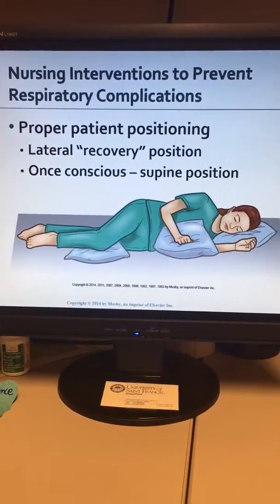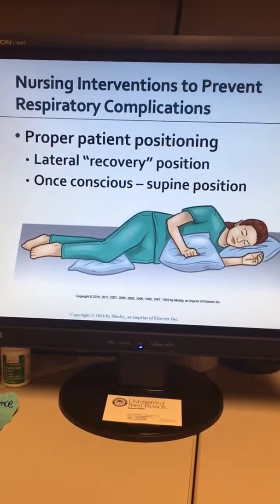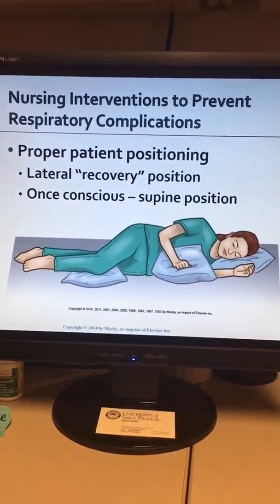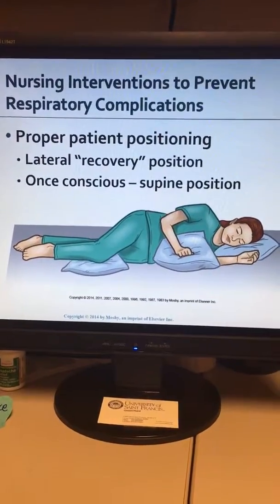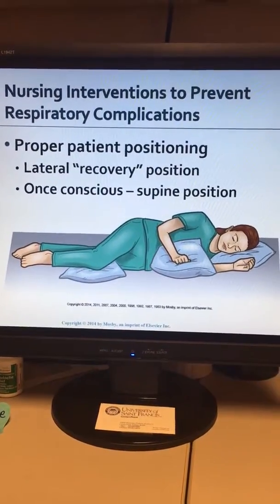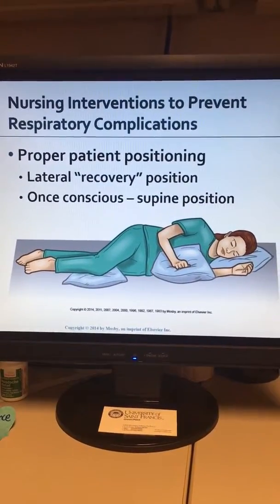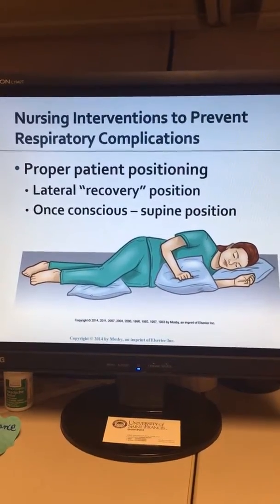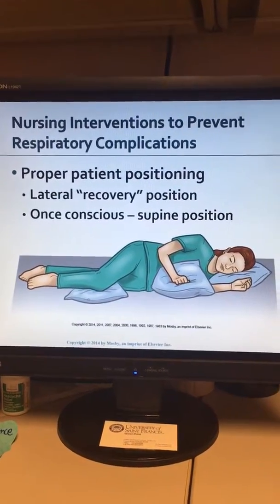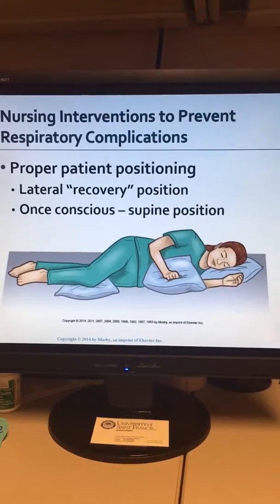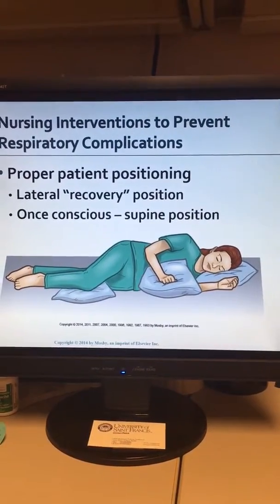no potential for airway obstruction. Once patients start to wake up, their first natural instinct is to roll over on their back. So if a patient rolls over on their back and they can't breathe and their oxygen sat starts to drop, what's one of the first things you want to check? Airway. What's one of the things you're going to do? Reposition that airway. Go back to CPR. How do we adjust an obstructed airway?